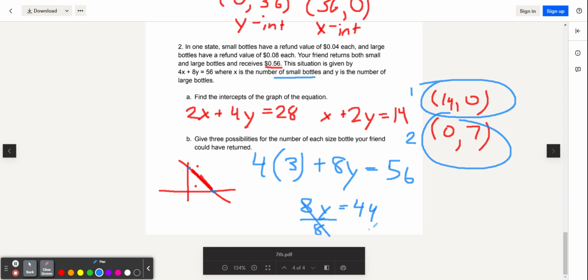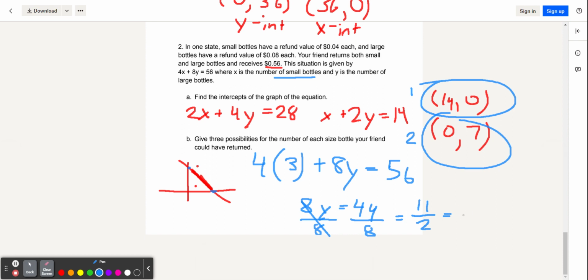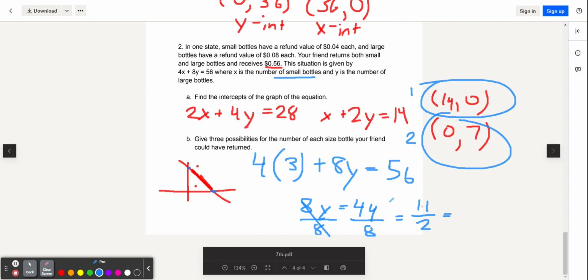Divide both sides by 8. 44 over 8 simplifies to 11 over 2, which is a weird number because it's not whole. So you could try to find a point that has a whole number, but in this case, I'm satisfied with this answer, even if it doesn't make too much sense in the real world. He returned 5.5 large bottles. Now, thank you.